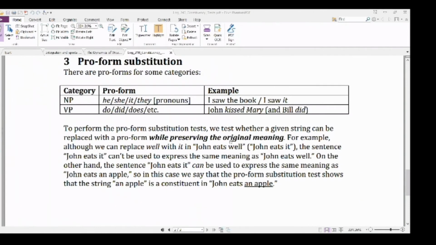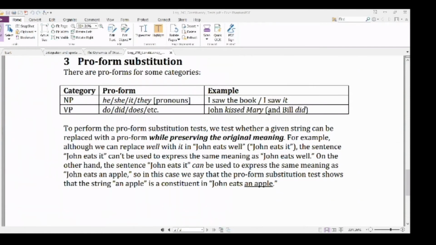How about "read"? What did you do on your birthday? "Read" alone, is it a constituent? No. "Read a book about Napoleon" is a constituent.